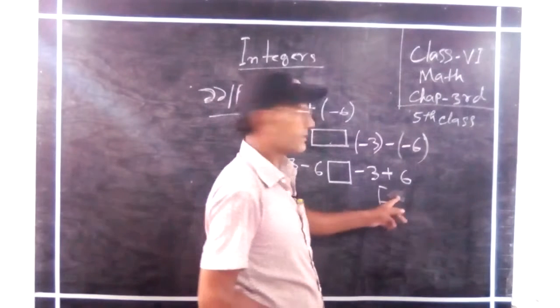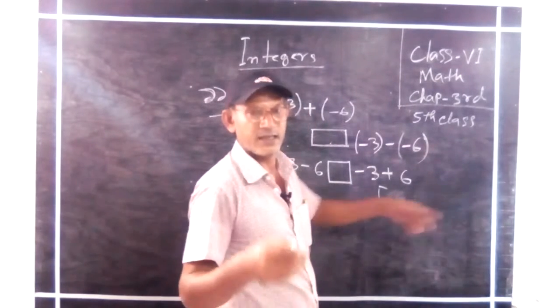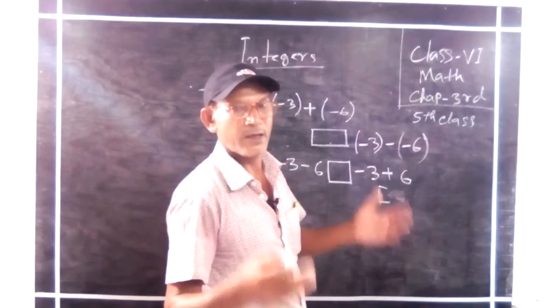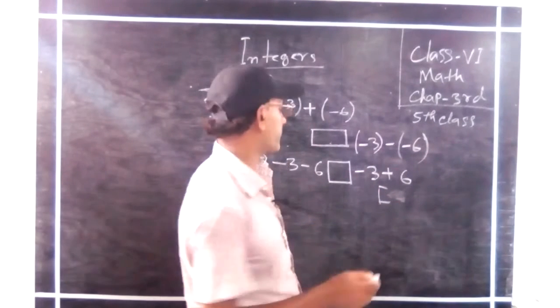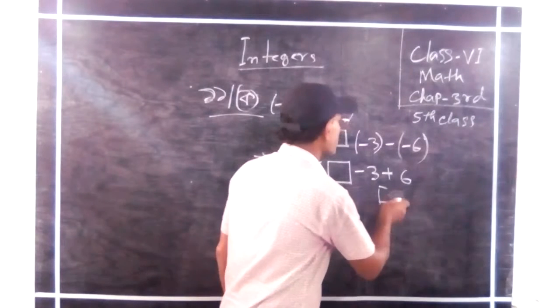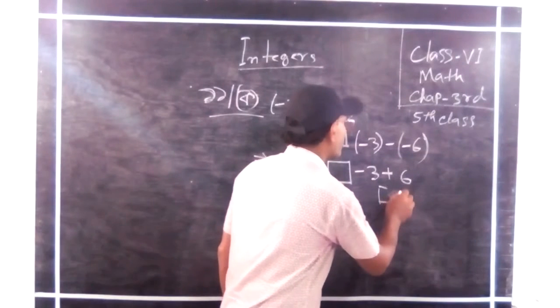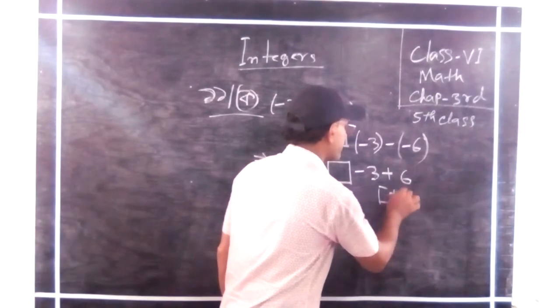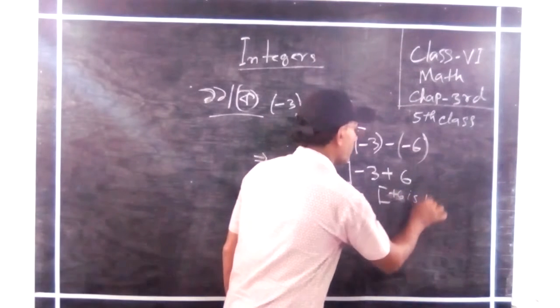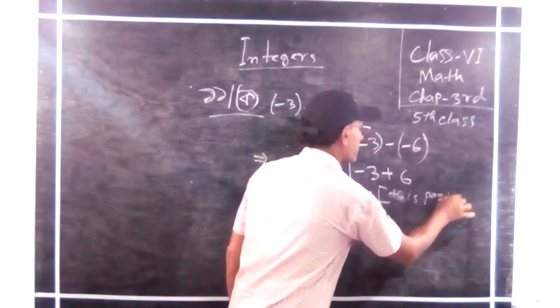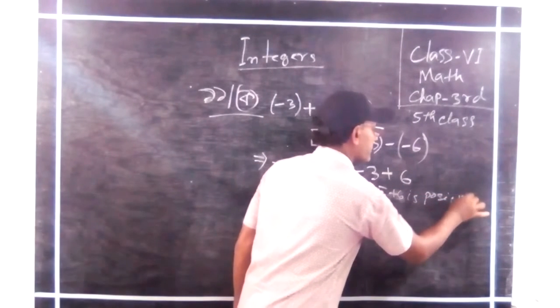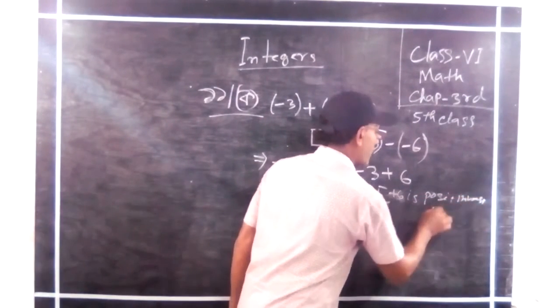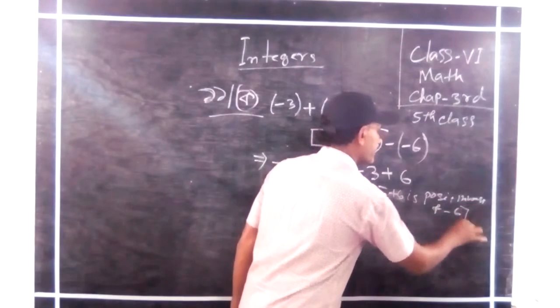Subtract means adding the positive inverse of that number. Positive inverse of minus 6. Here plus 6 is the positive inverse of minus 6. That's right.